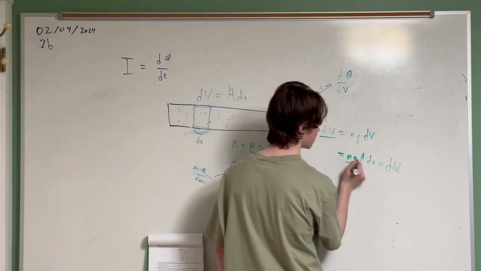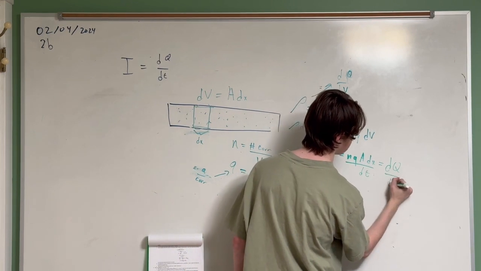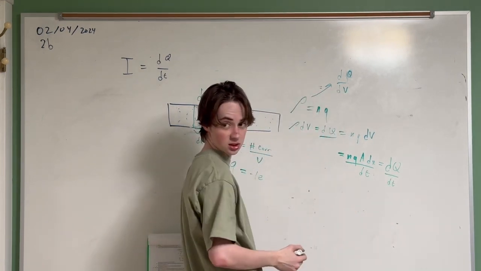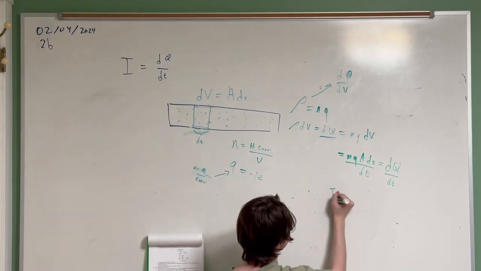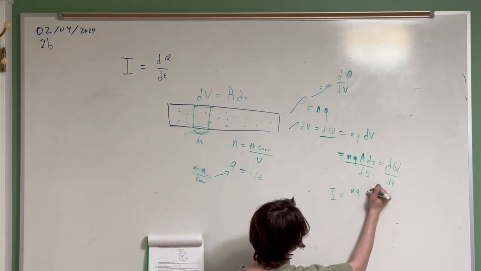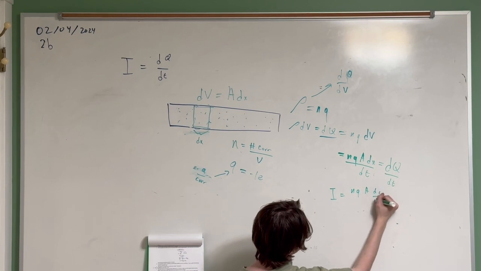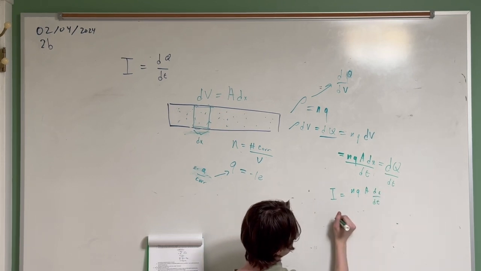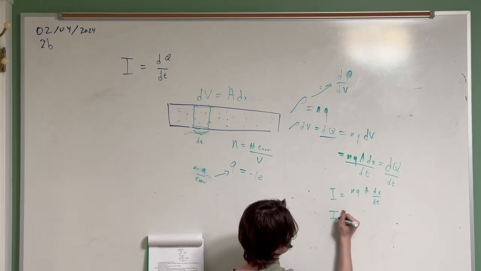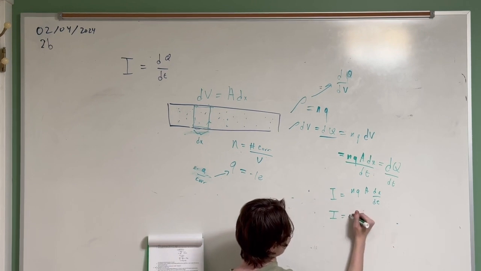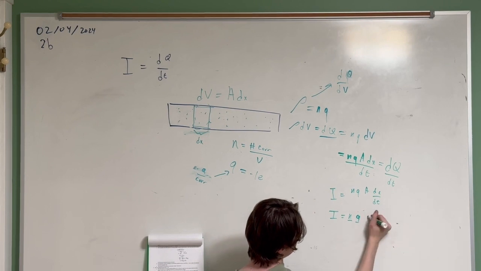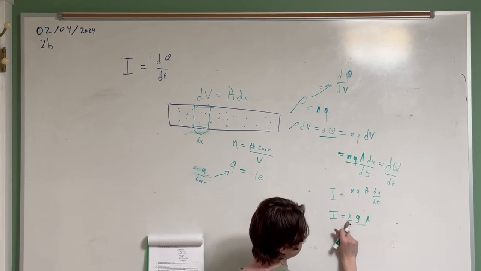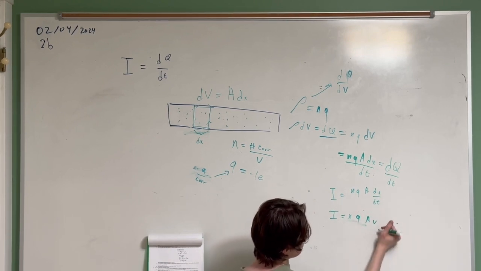And if we divide both sides by dt, we get dq/dt, which is equal to current, is equal to nqA dx/dt. dx/dt, that's velocity. So current is equal to carrier density times charge per carrier times area times velocity of the carriers.